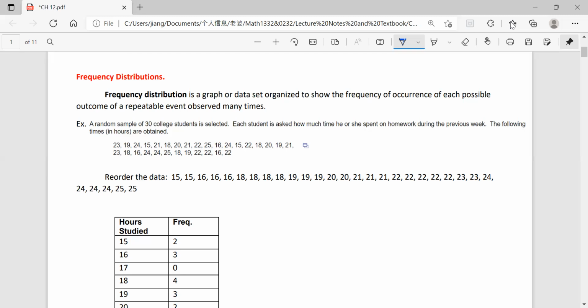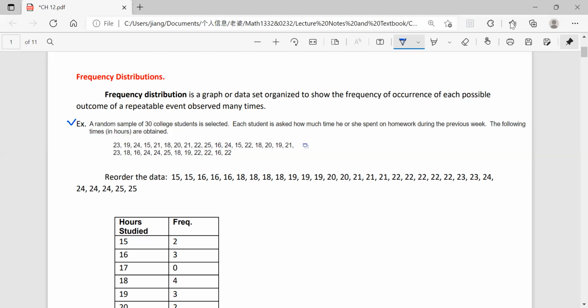So let's see one example. A random sample of 30 college students is selected. Each student is asked how much time he or she spent on homework during the previous week. The following times in hours are obtained.